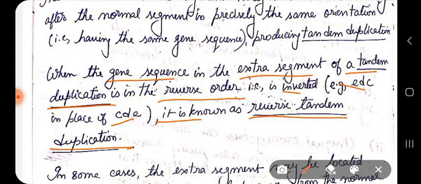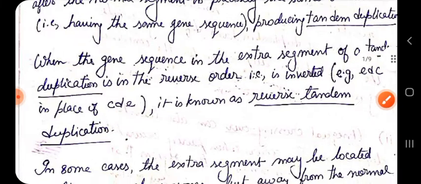For example, if I draw, if this is your chromosome, long arm, short arm, and these are your sequences A, B, C, D, D, C. The duplicated segment is just located after the normal segment, but in the reverse order.